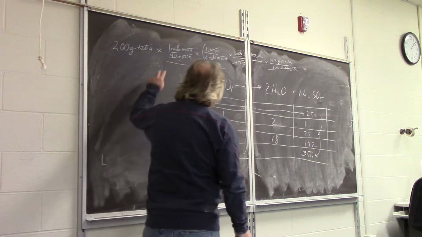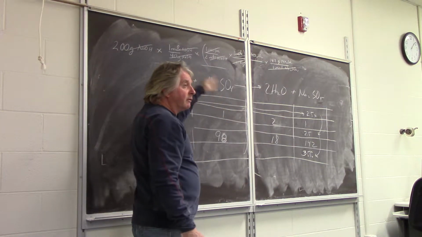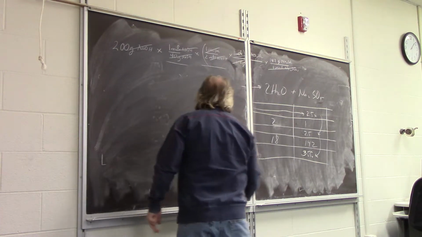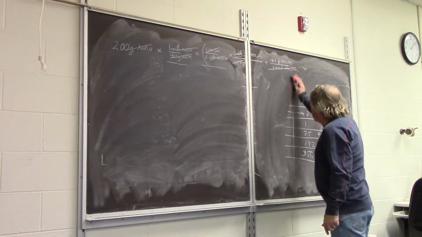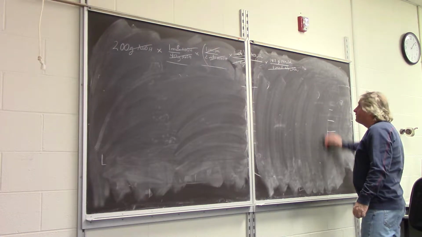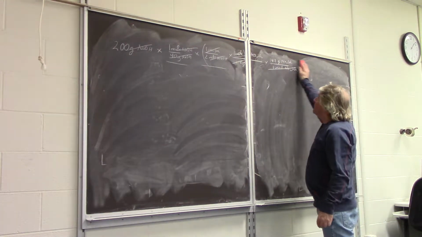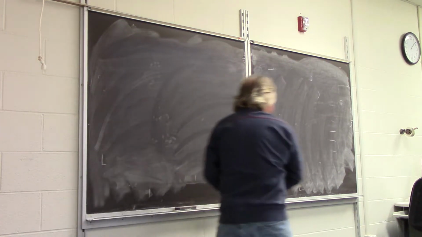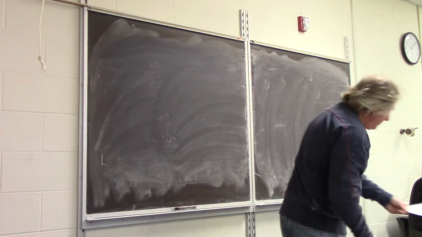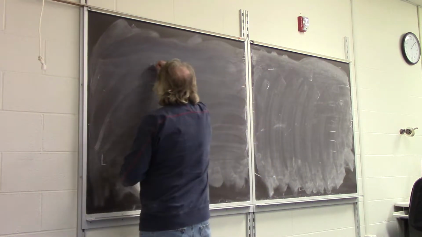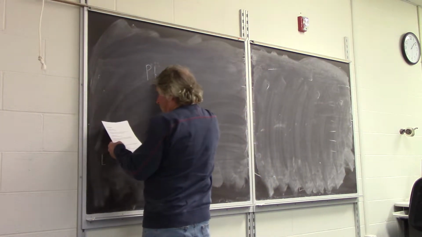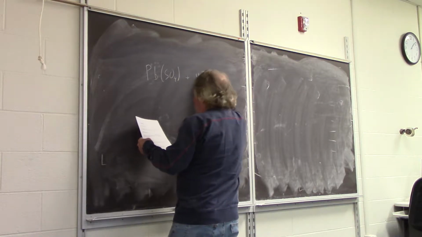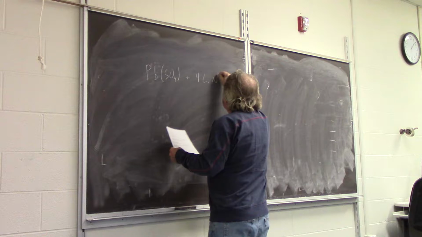So on the test, I'm going to ask you to do at least a couple problems with the conversion as well, just so when you go to another class, you know how to do it. So that's what they'll be expecting. All right, next problem. PbSO4 plus 4 lithium nitrates.